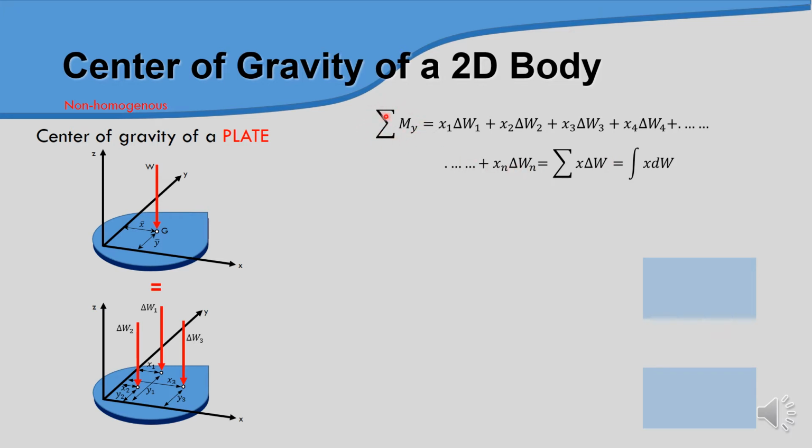From this, the summation of all the moments at the end point will produce a summation like this. And finally, the summation can be represented as a concentrated force, which can be represented as the integration of x dW.